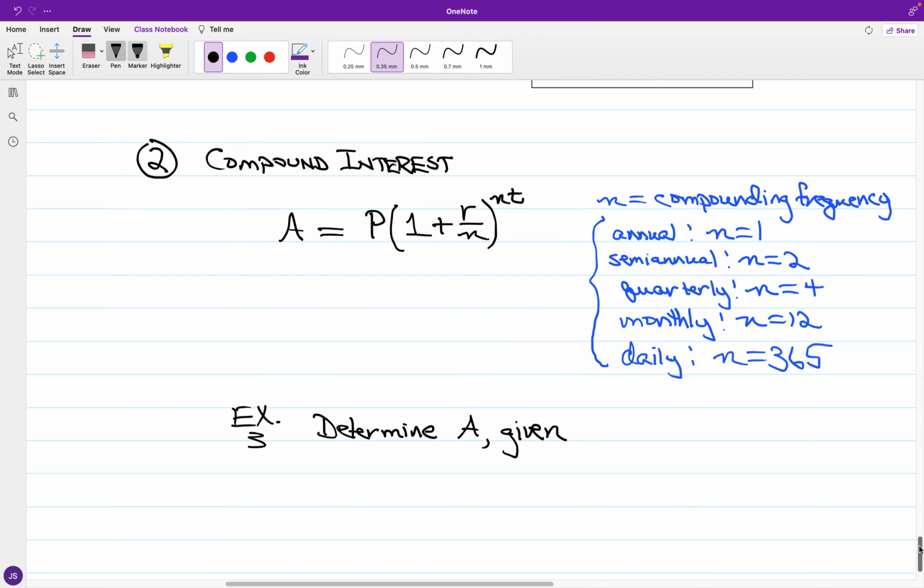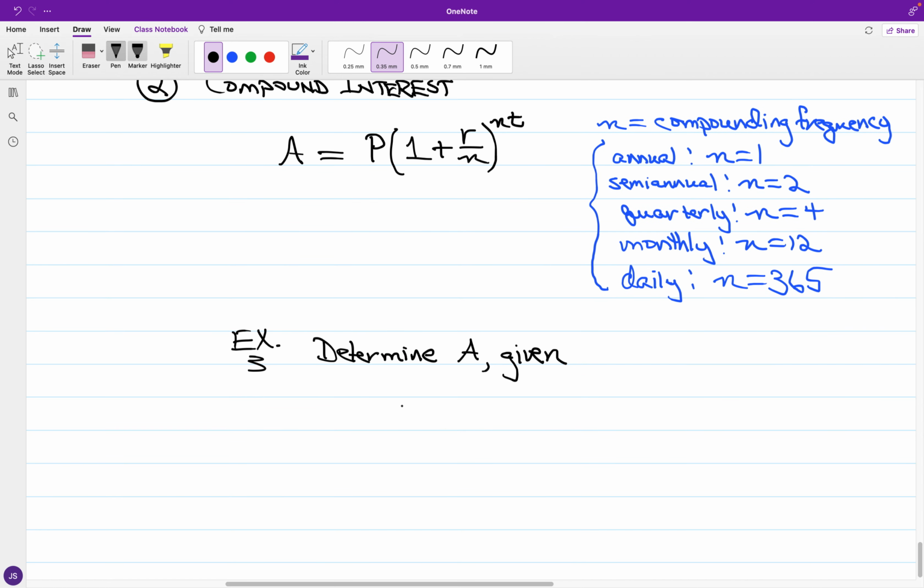Okay, and we'll say we have determine A given, and we'll say that we have P is at $5,000. And we'll say that we have the time span will be for 6 years.